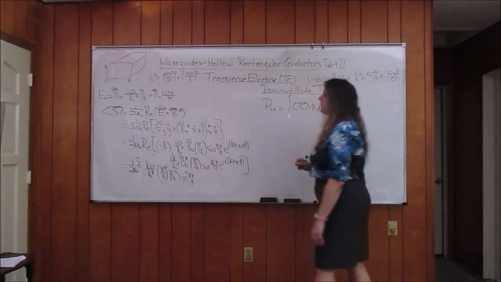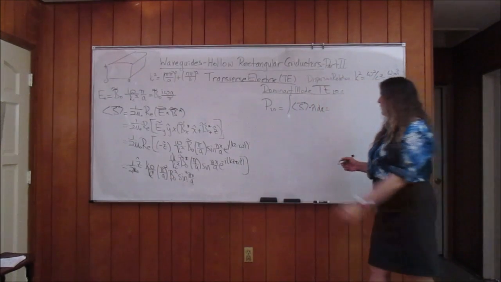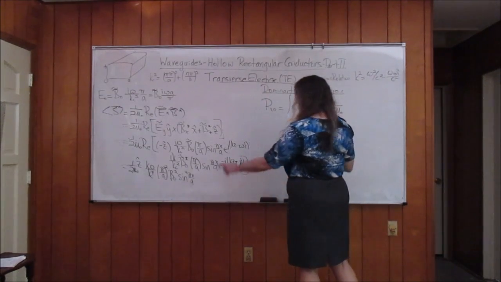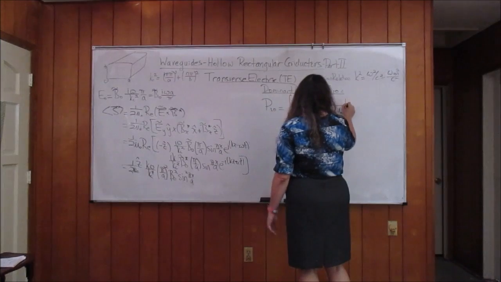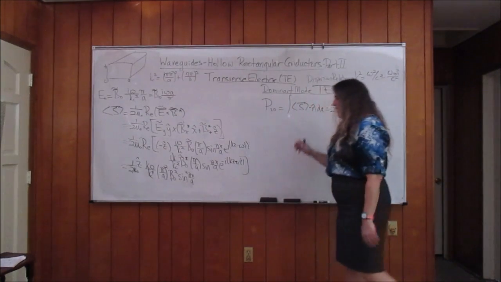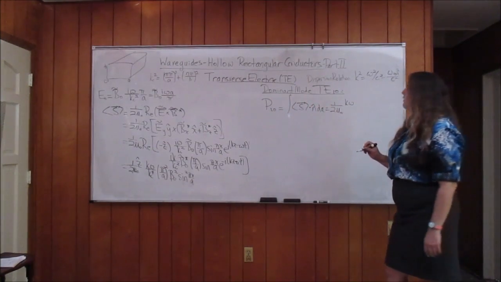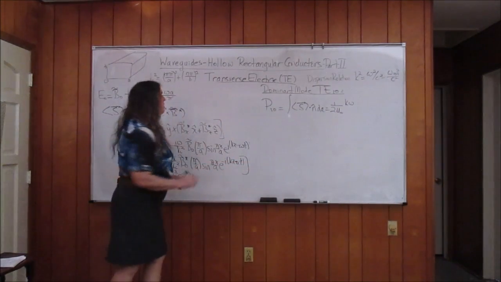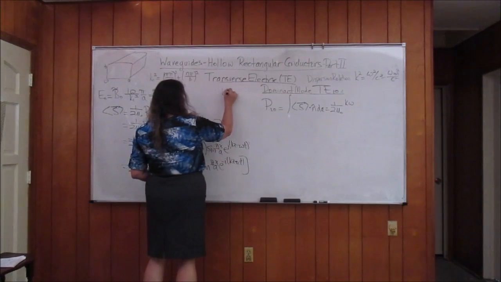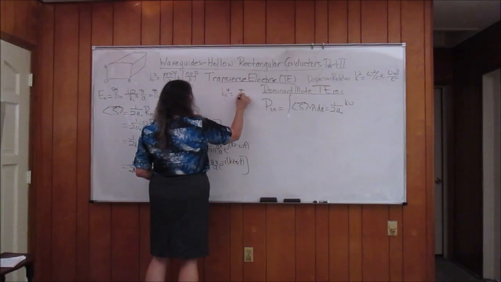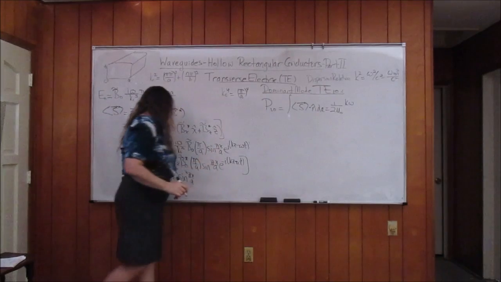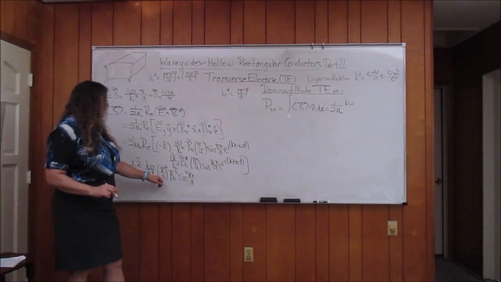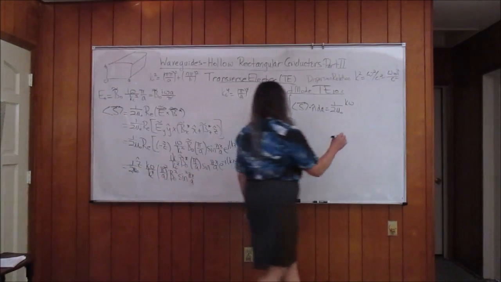And the normal to this cross-sectional area will, of course, be in the z direction. Got 1 over 2 mu naught. And we'll have a factor of k omega in the numerator. In the denominator, we've got kc to the fourth. Now remember, we are looking specifically at the dominant mode, so therefore kc to the fourth is equal to pi over a to the fourth. So that's going to partially be canceled by this pi over a squared term.